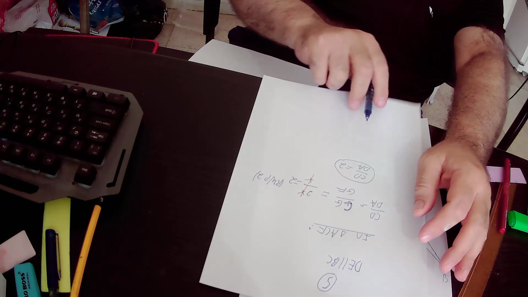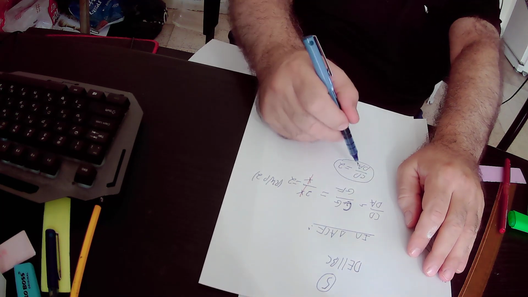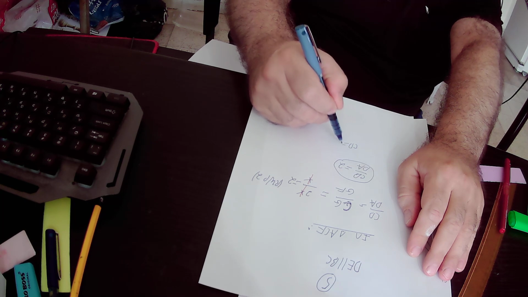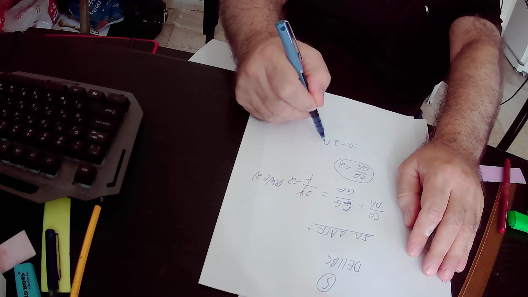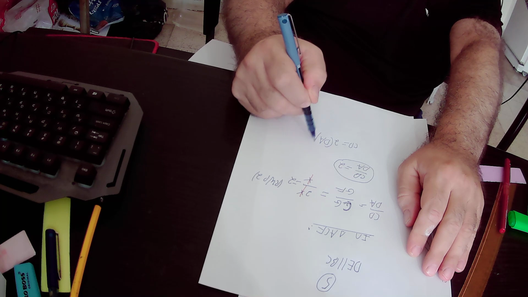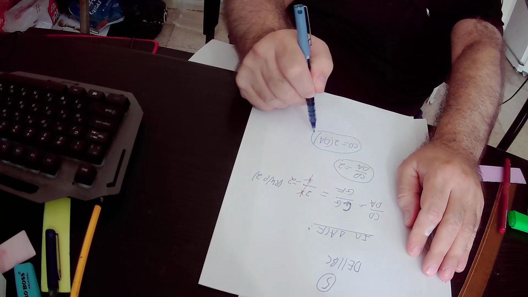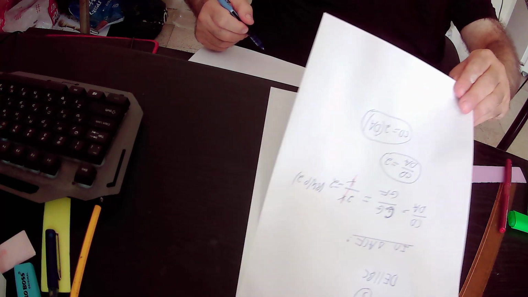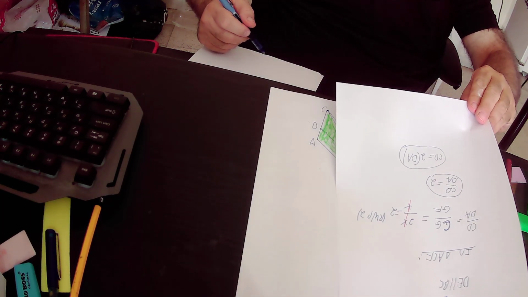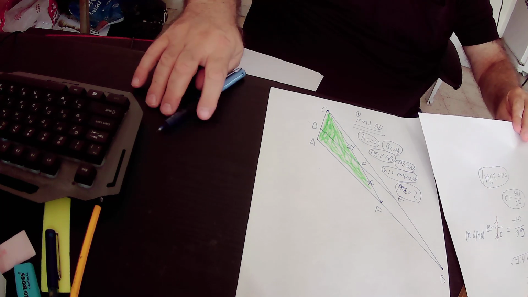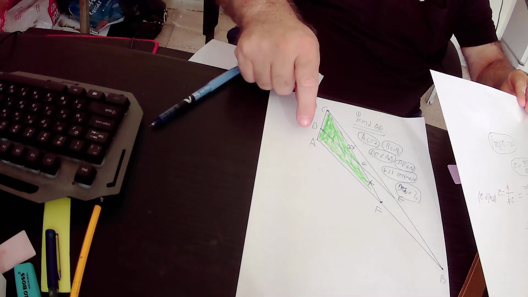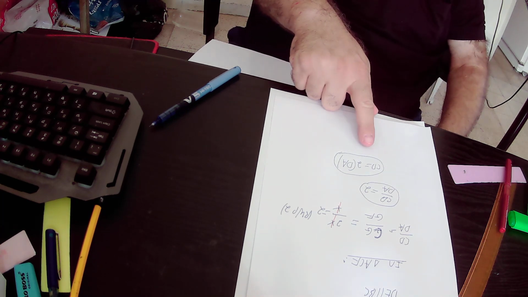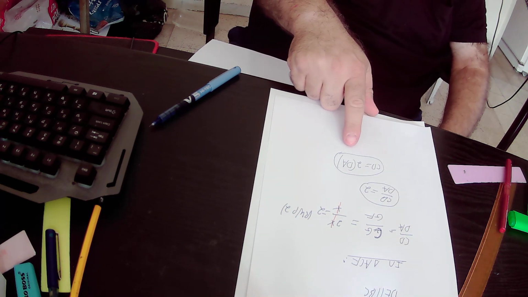And if we multiply this equality by DA, we get that CD equals 2 times DA. So CD is twice as large as DA.